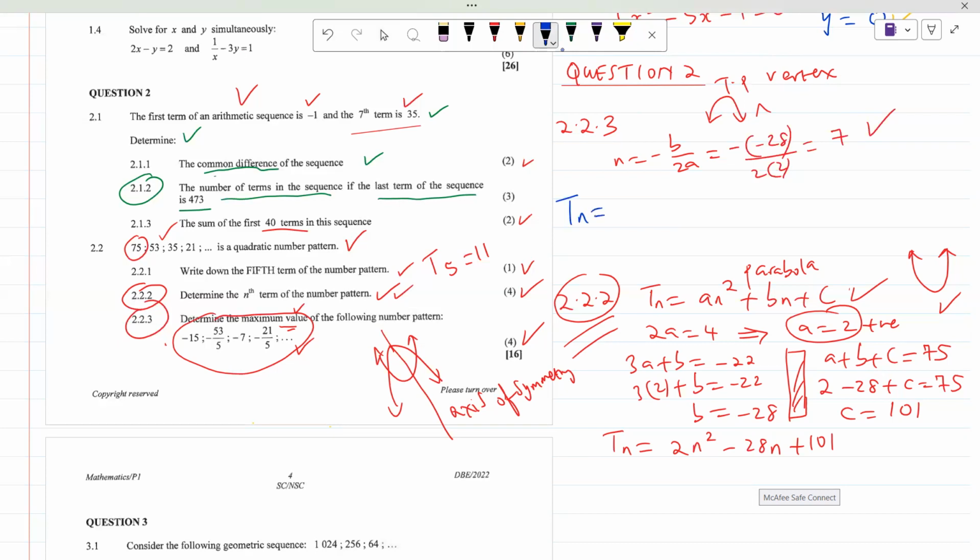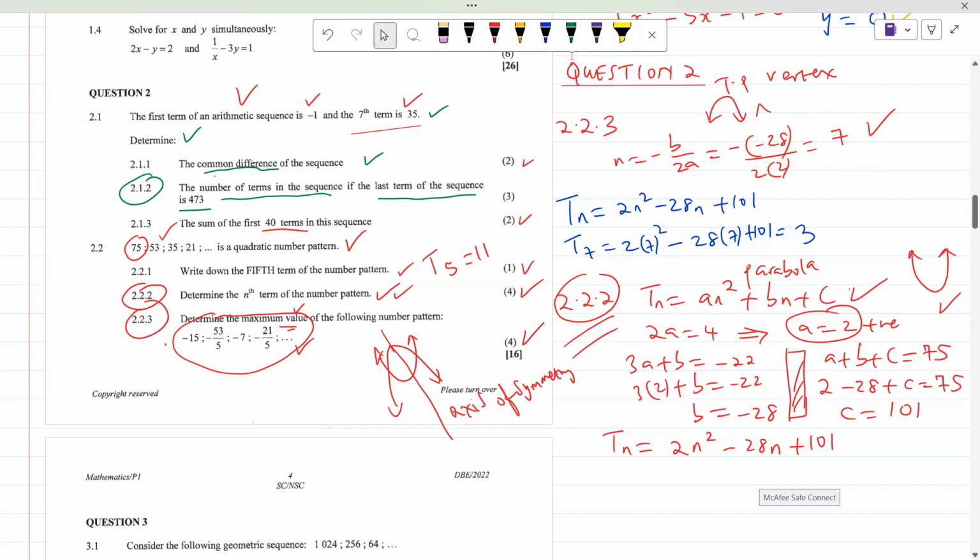Tn is 2n squared minus 28n plus 101, which means T of 7 is 2 times 7 squared minus 28 times 7 plus 101. If you use a calculator, it gives exactly 3.